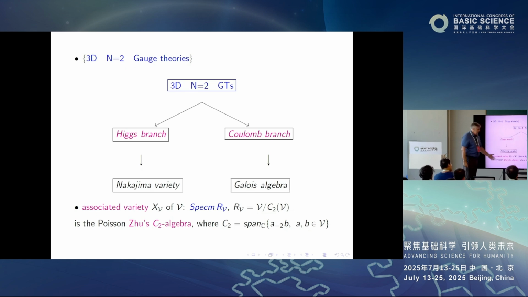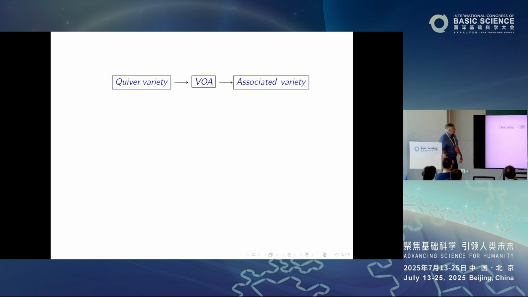These are certain varieties, like the quiver variety here and the Braverman-Finkelberg-Nakajima variety on the right-hand side. And there is a connection. If we start here, we can chiralize it, get the vertex algebra, and then take associated varieties. So we go back and forth, and at least conjecturally we should get the same thing at the end.